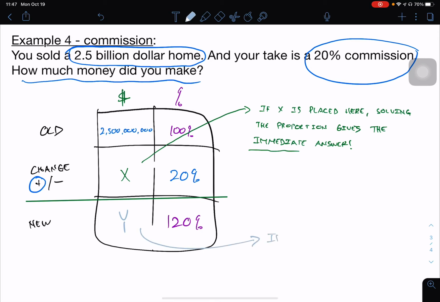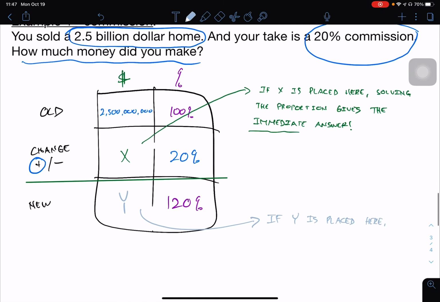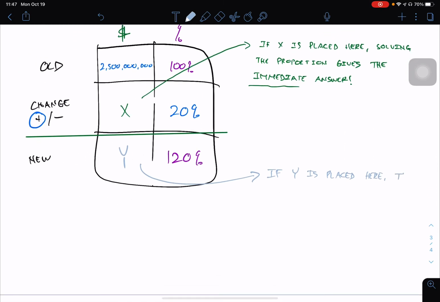Then if x is placed here, but y is placed here, the number solved for is correct, but does not answer the question.